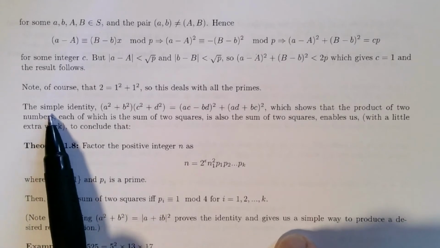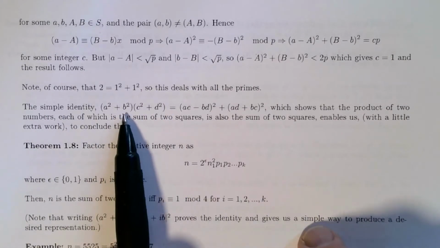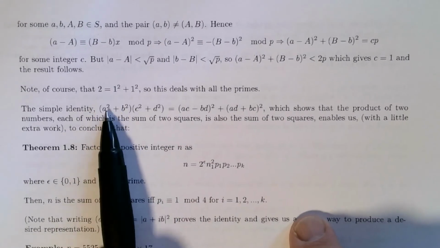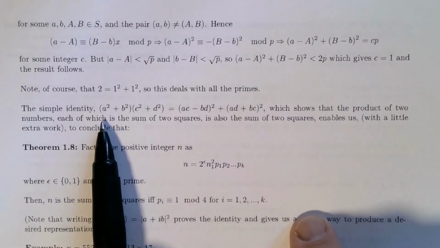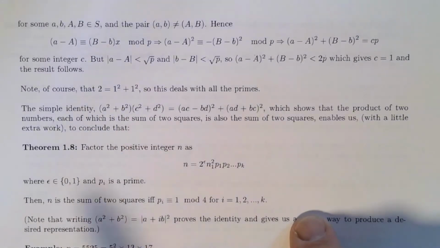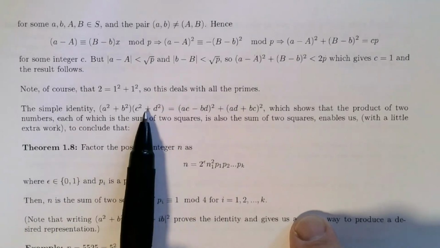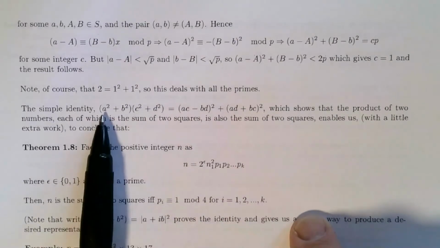Now this simple identity here, which you can get easily using complex numbers in fact, you simply take the square of the norm of a plus ib times the square of the norm of c plus id, and then you multiply a plus ib by c plus id, and square the norm or the modulus, and this thing just falls out.